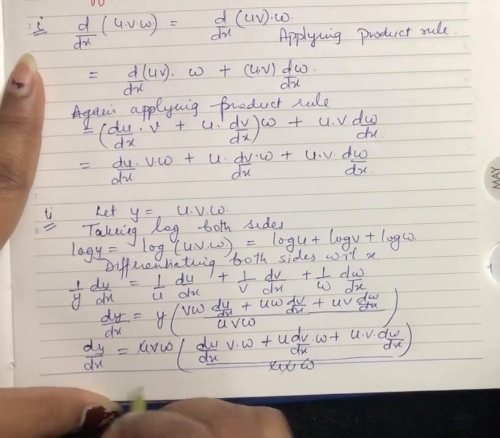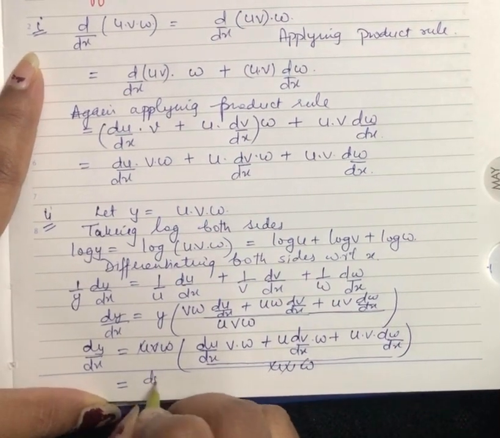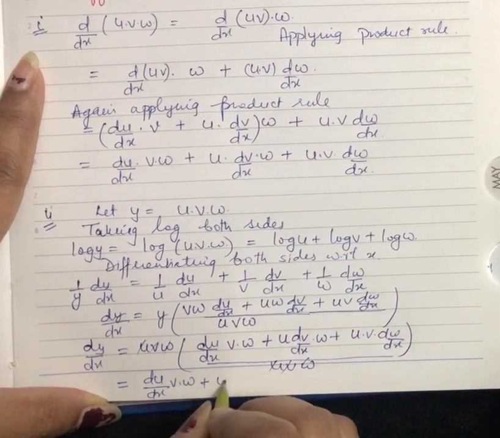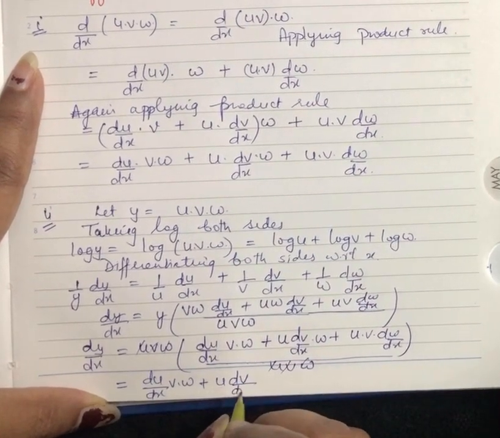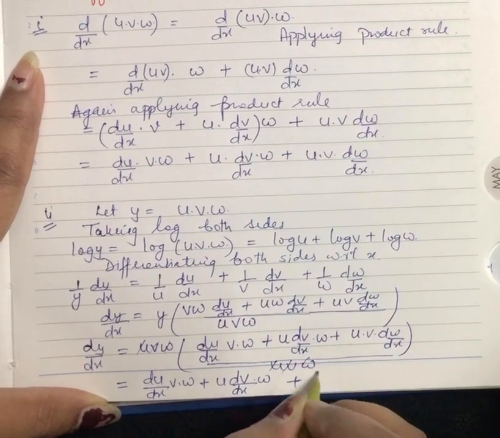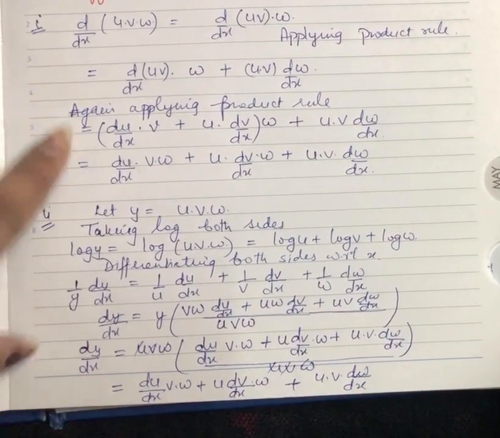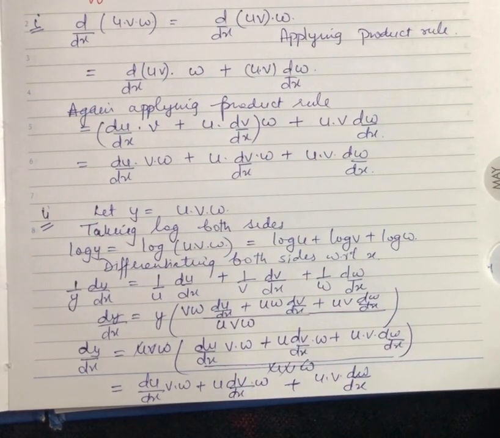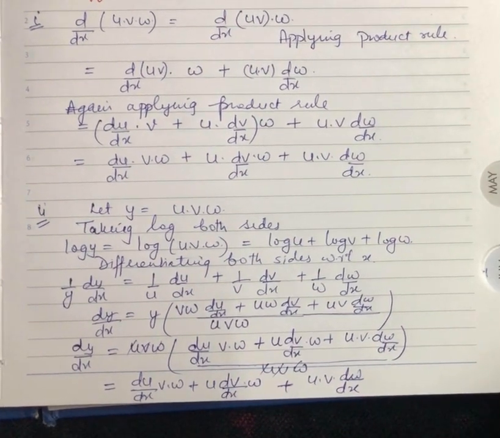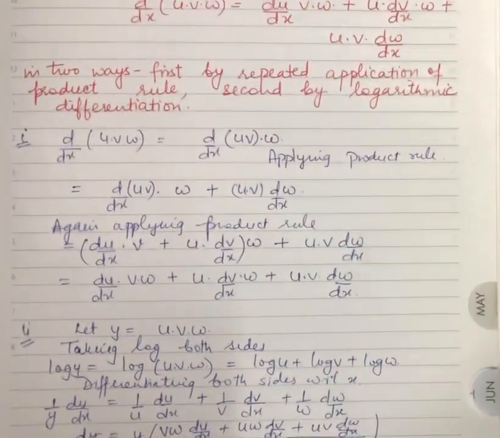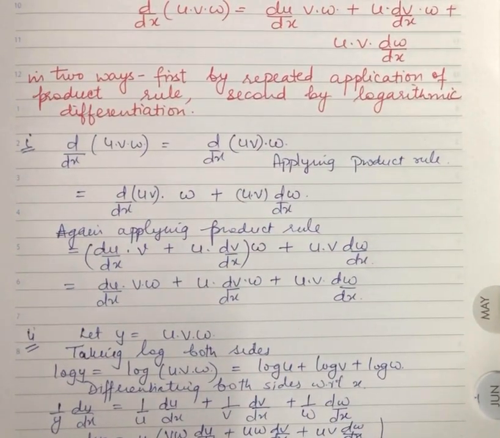So here again we are left with du by dx v into w plus u dv by dx into w plus u into v into dw by dx. So we are getting the same answer, we have proved this result by both the methods. This completes 18th question, and with this exercise 5.5 is completed.